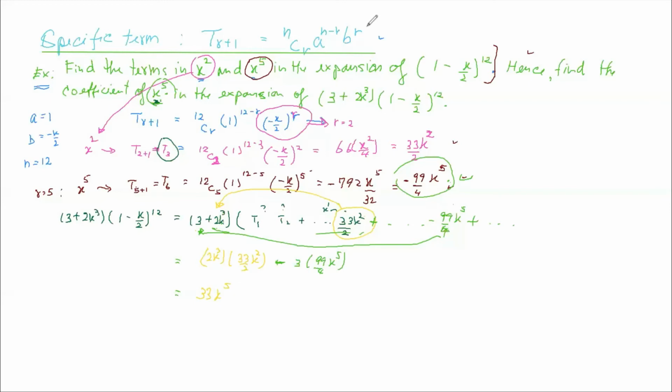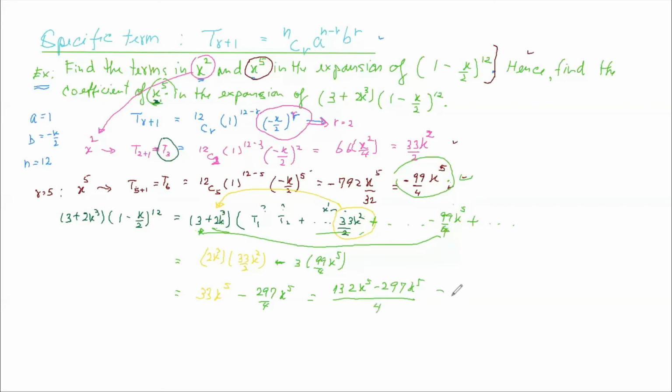And the green one is going to be minus 99 times 3, which is 297, becoming 297 over 4 x power 5. Then you simplify these two terms. So you have 33 times 4, which is 132, correct? 132 x power 5 minus 297 x power 5 over 4.